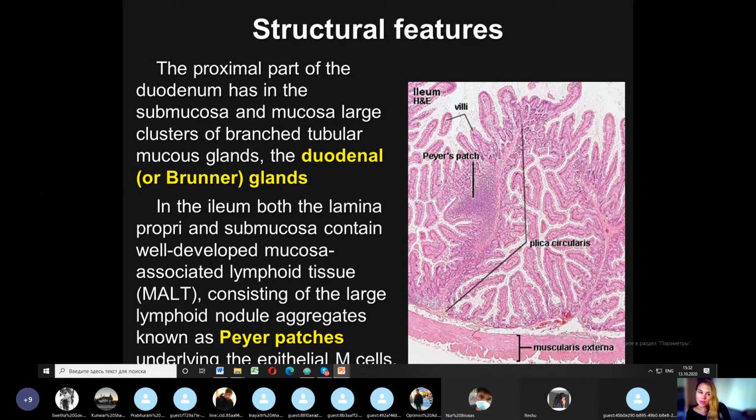So all parts of the small intestine contain gut-associated lymphoid tissue, but its volume increases toward the distal parts. That is why the ileum gets its great development as Peyer's patches.